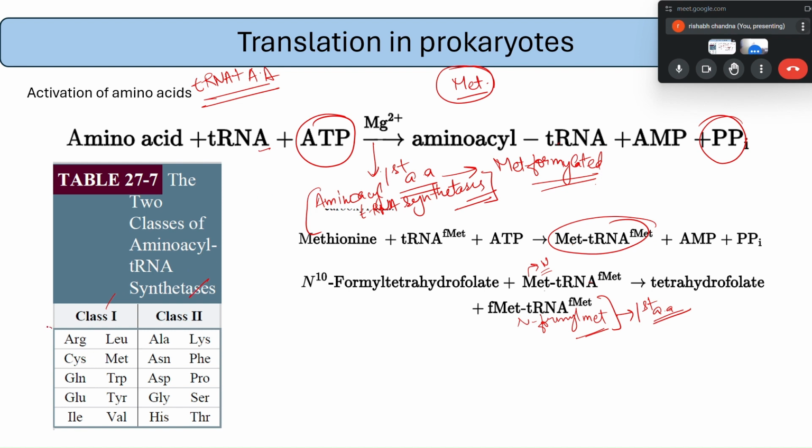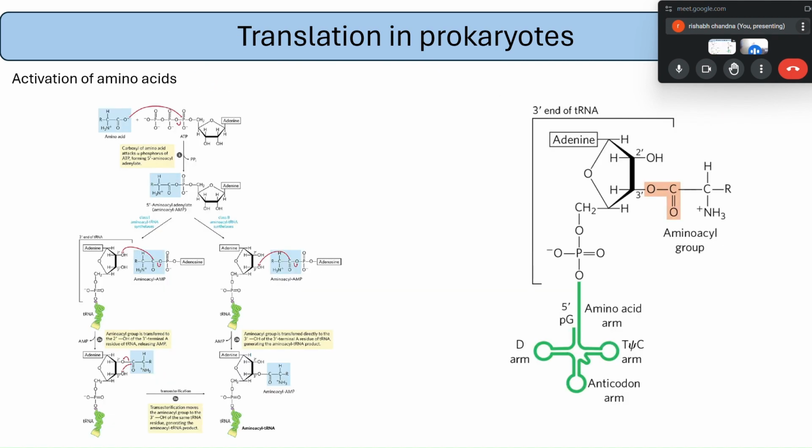Class 1 catalyzes the addition to tRNA of these particular amino acids, and class 2 catalyzes the addition of this particular set of amino acids. Okay, now what is the difference? We'll see in the next slide.